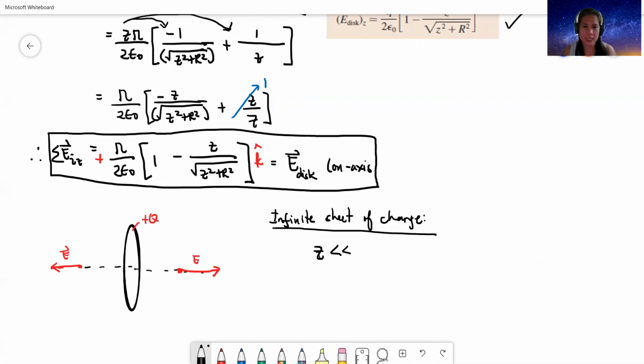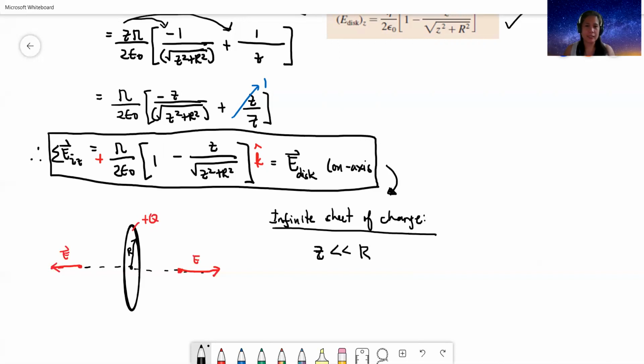So that would be, let's say, R. So from the center going towards the edge. But actually, this is true for any shape, but in this case, let's just use R. So if z is very much less compared to R, then this equation here will apply.